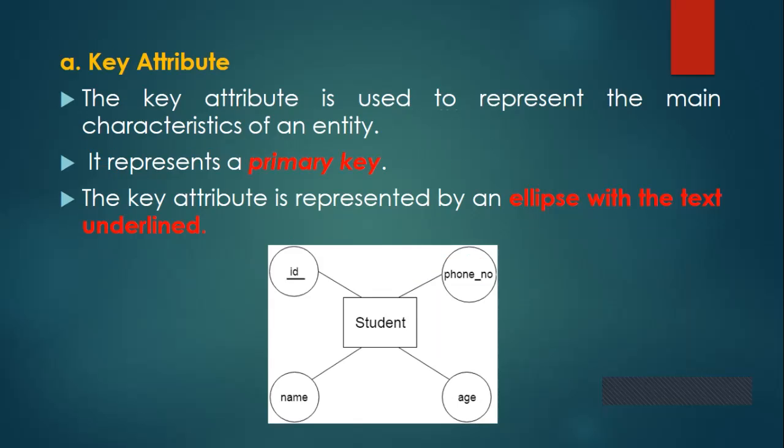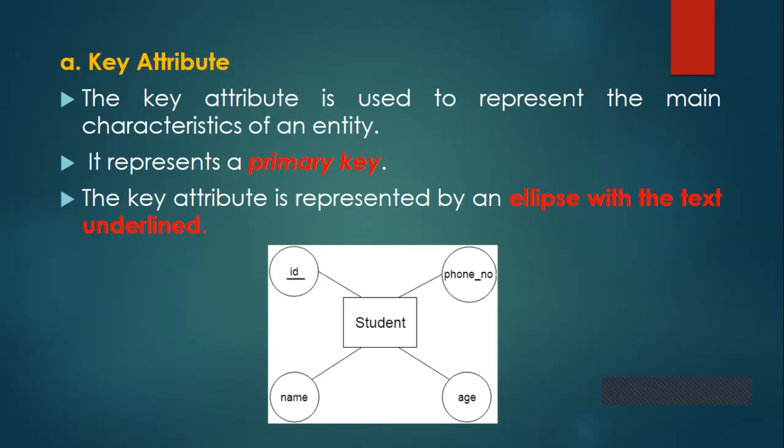Next is key attribute. When I say key attribute, it basically represents the main characteristic of a student. How do you identify a student? Suppose in a database, I'm storing student related data, and I want to retrieve a student's details. There are n number of students, and each student will be having some name, some ID, phone number, age, anything.